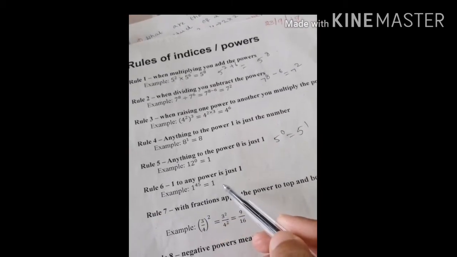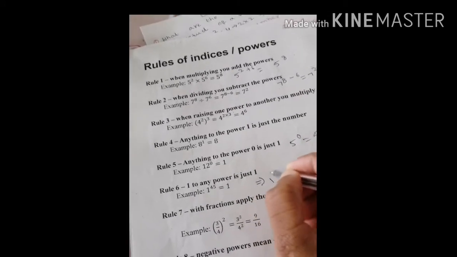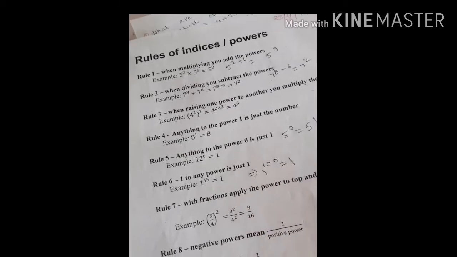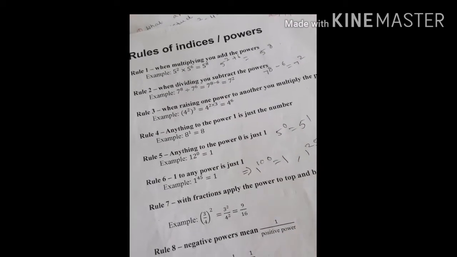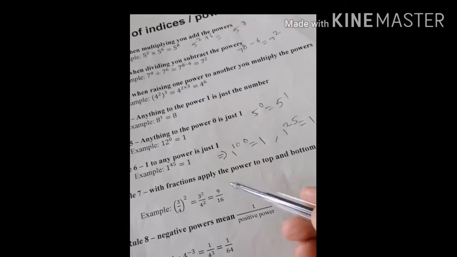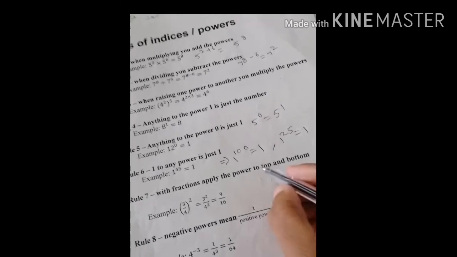1 to any power is just 1. So 1 to the power 100 equals 1 as well. And 1 to the power 25 equals 1. 1 to any power is 1. With fractions, apply the power to the top and bottom.